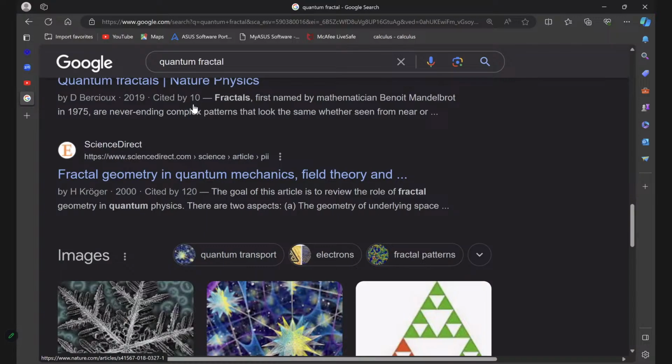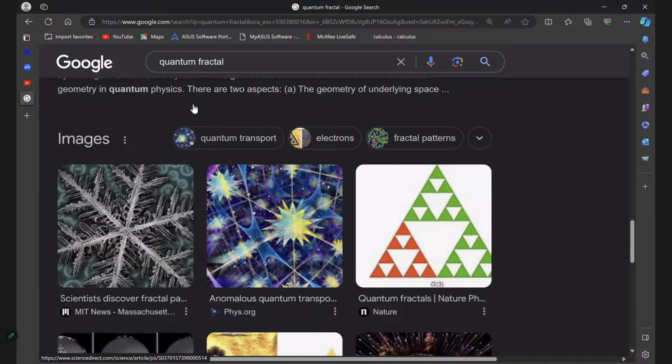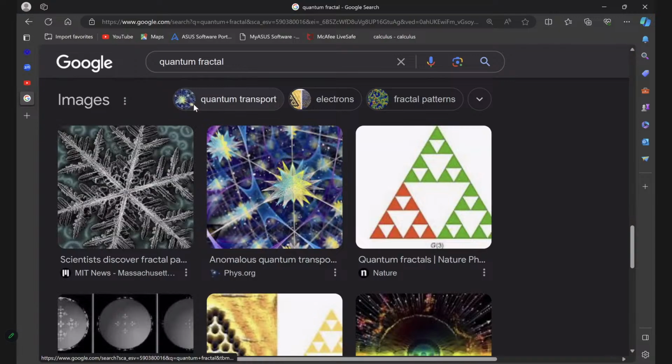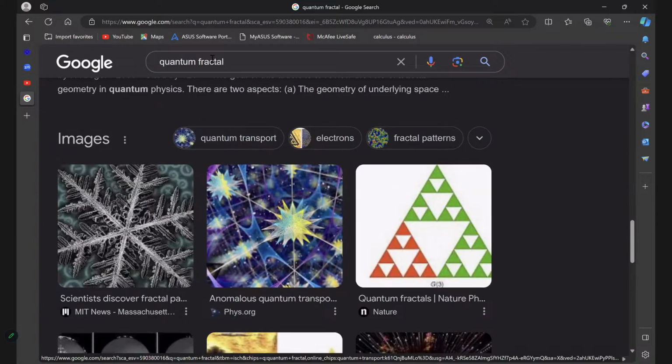So Sierpinski's triangle at quantum level may be considered as a quantum fractal. Yeah. Okay, interesting question. Any other questions, please? Okay. Quantum fractal. Not really.